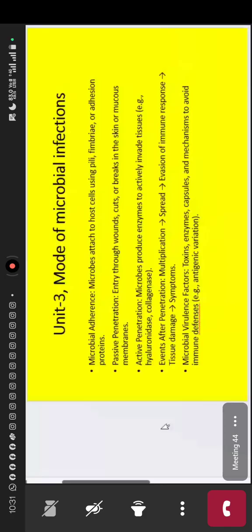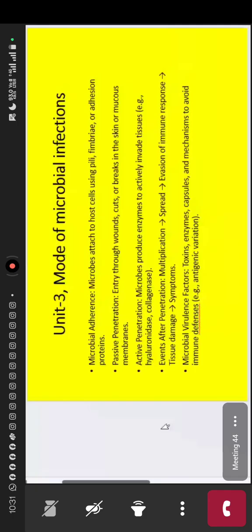Fimbriae or pili are used for attachment with the host cell. They are like a bridge between the microbial cell and the host cell. So by means of fimbriae or pili, a microorganism is able to attach to the surface of the host cell. This is the adherence.